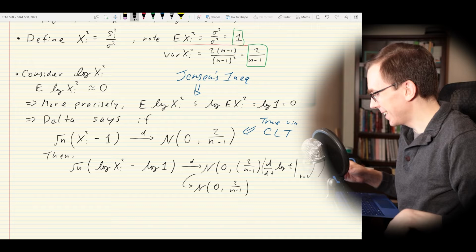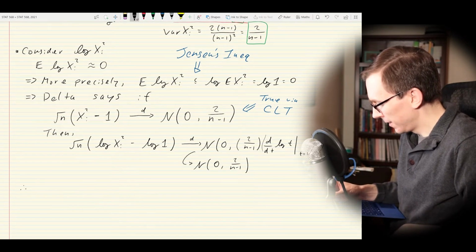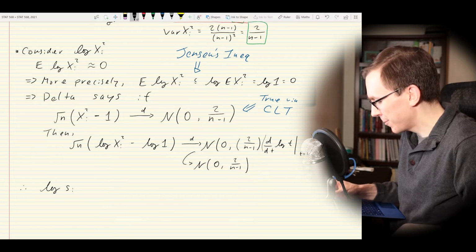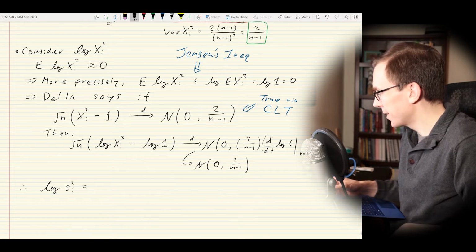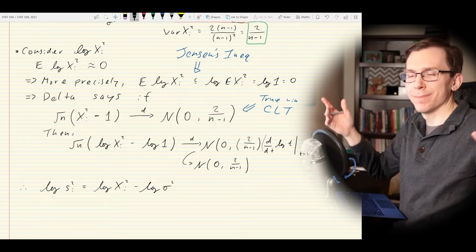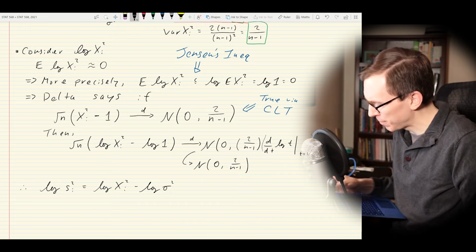Anyway, so why are we doing that? Well, we do that because, therefore, the log of si squared, that's the thing we care about, is going to be the log of xi squared plus the log of sigma squared. We just took our ratio and we applied a log to it. Sorry, this is a plus.